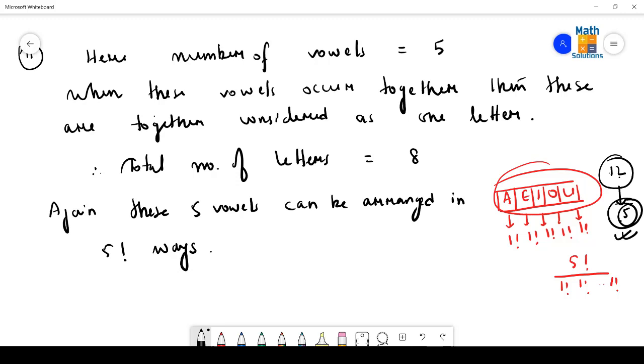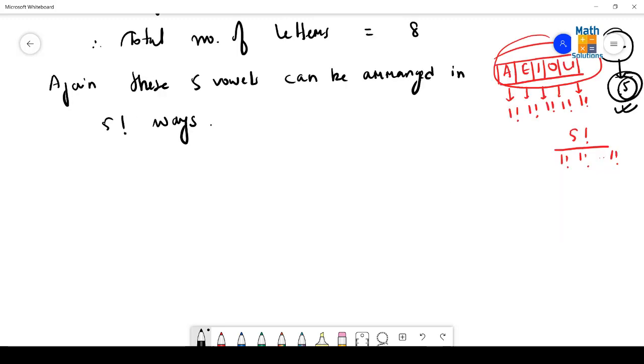So after this we need to find out the total number of permutations. So here goes the result.